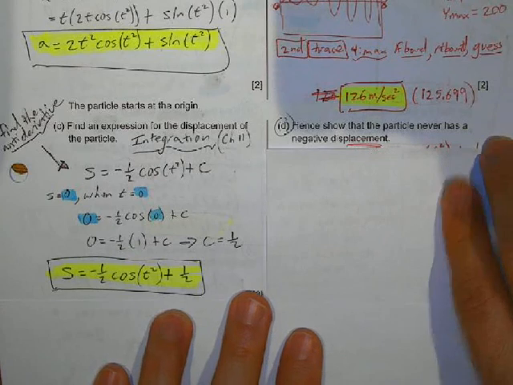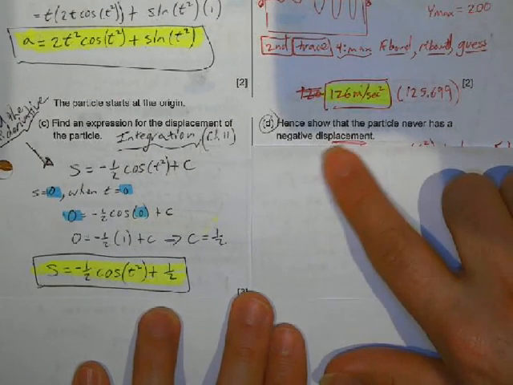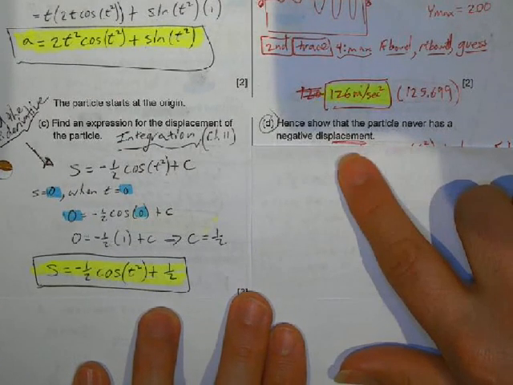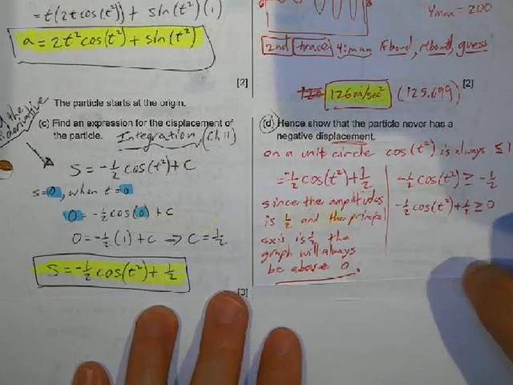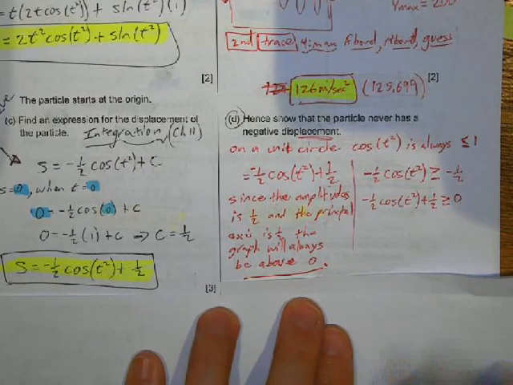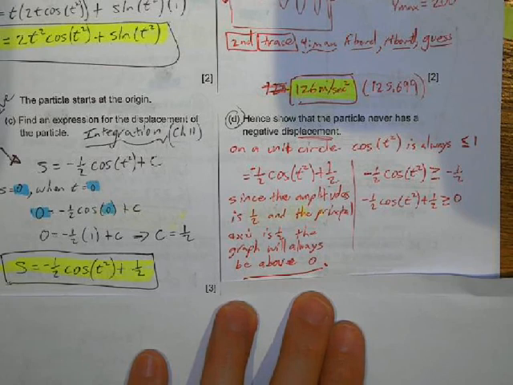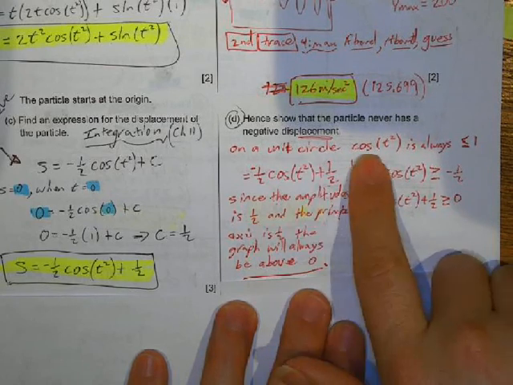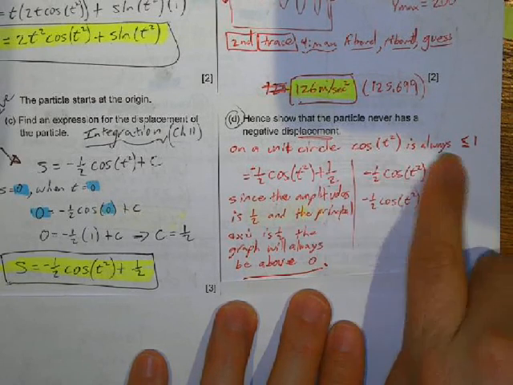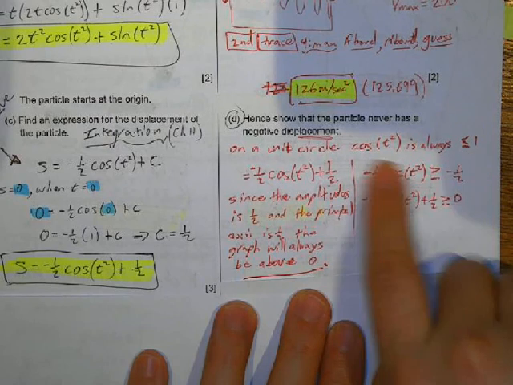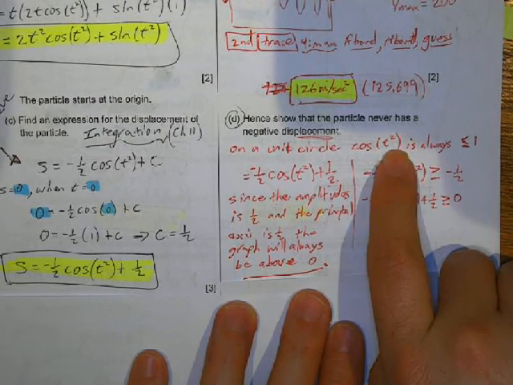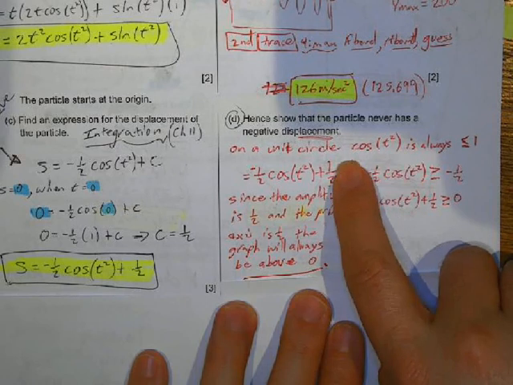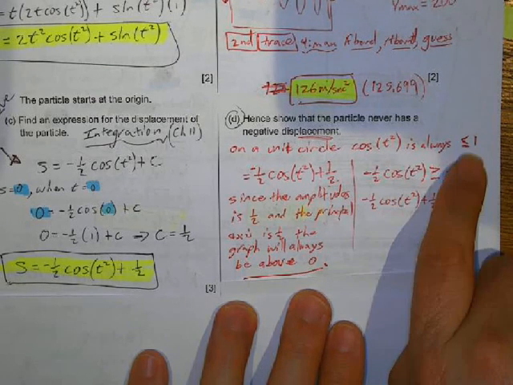Okay, hence, show that the particle has never had a negative displacement. This one took me a little bit of thinking, but from the unit circle, cosine t squared is always going to be less than or equal to 1, so we need to remember that. No matter what is in the parentheses, cosine of whatever is never more than 1.